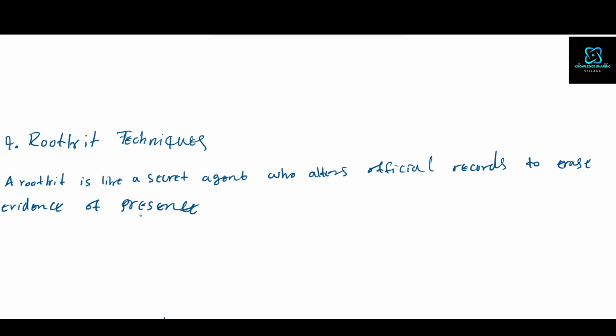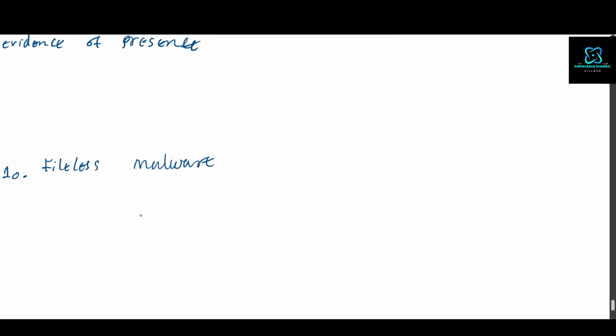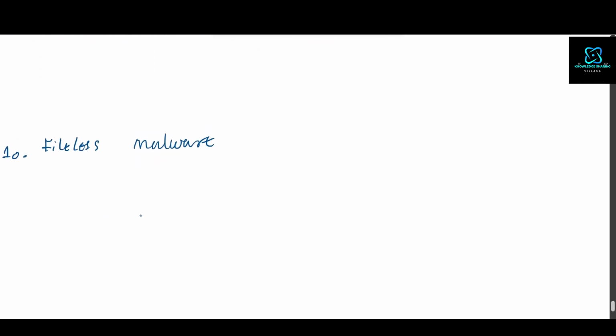By doing so, the security mechanism or measure cannot detect the presence of the rootkit in the system. But we will explain that in section 2. Rootkit is another kind of malware type.